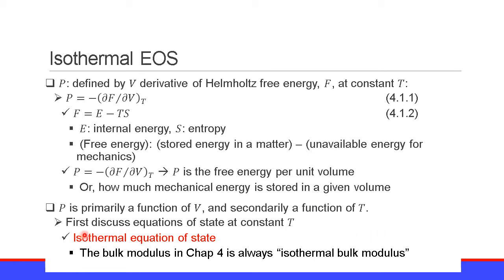Therefore, in this chapter, we first discuss equations of state at constant temperature T, which is referred to as the isothermal equation of state. And please note that the bulk modulus in Chapter 4 is always the isothermal bulk modulus.